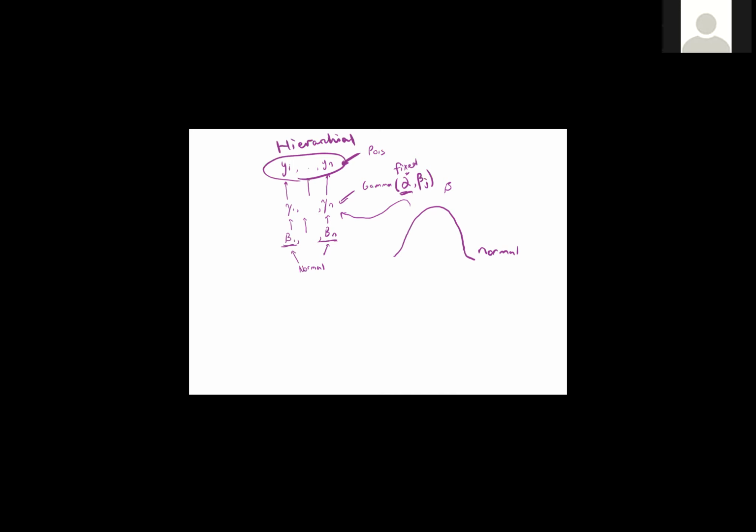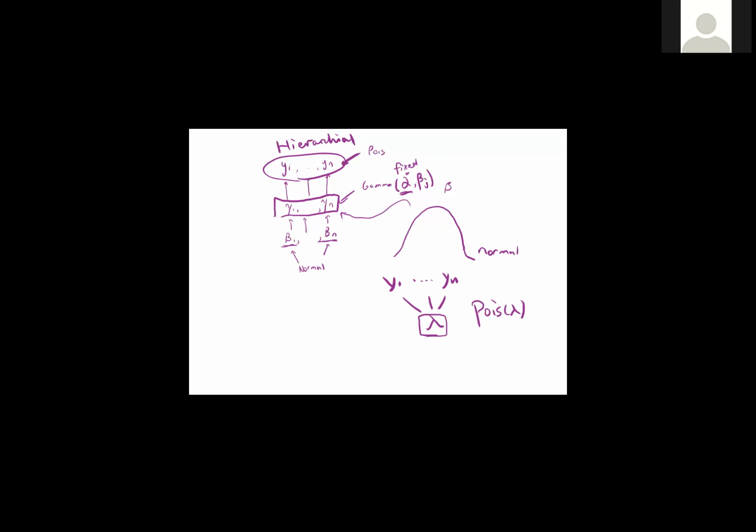Keep in mind that you shouldn't do y1 until yn to the same, is this gamma? Let me just use lambda, because it's Poisson, like what people usually use. The hierarchical model shouldn't be in this way, because if you put it into the same Poisson lambda, you are not allowing lambda to change.